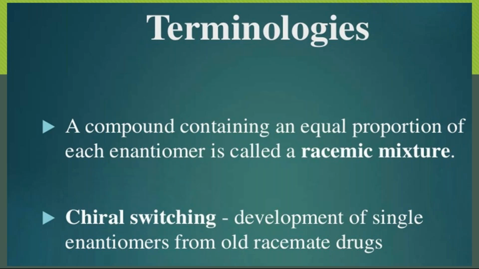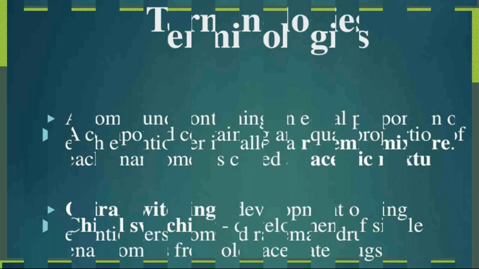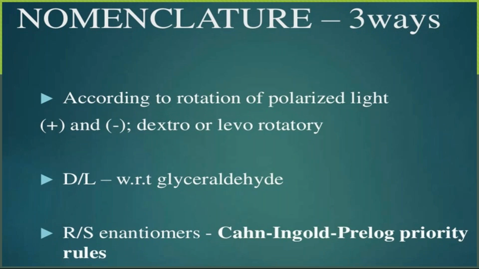Chiral switching means development of single enantiomers from old racemate drugs; we'll see this in the next slides. According to rotation of polarized light, we have plus and minus, that is, dextrorotatory and levorotatory compounds. With respect to glyceraldehyde, we have D and L. And with respect to enantiomers, according to the Cahn-Ingold-Prelog priority rules, we have R and S enantiomers.